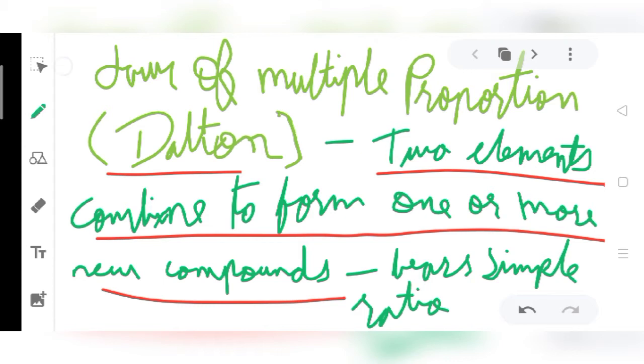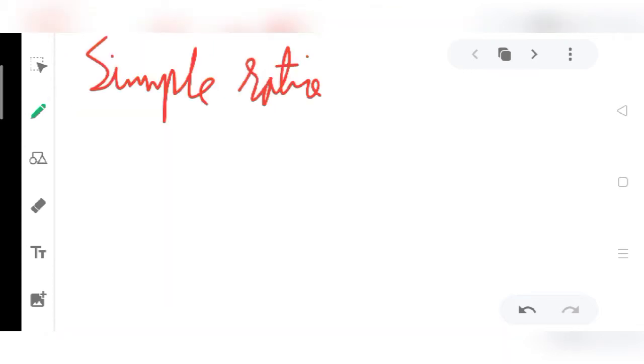A simple ratio means a ratio like 1:2, 2:3, 2:4, 3:4, 4:5, which goes continuously.